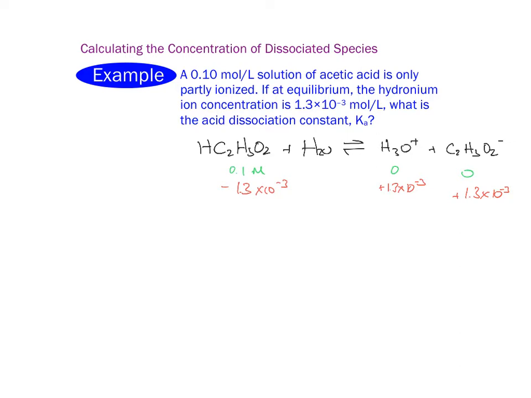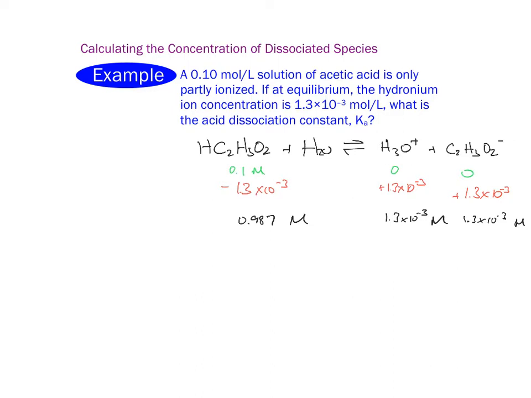And then we have to find the final concentrations. The final concentrations for the products are really straightforward. It's just 1.3 times 10 to the negative 3. But for the acetic acid, it's going to be 0.987, and the units for all of those are moles per liter.